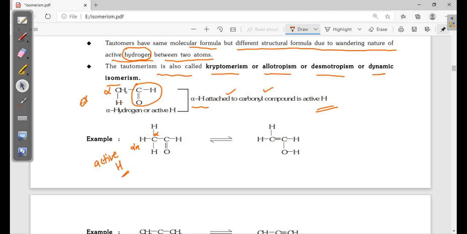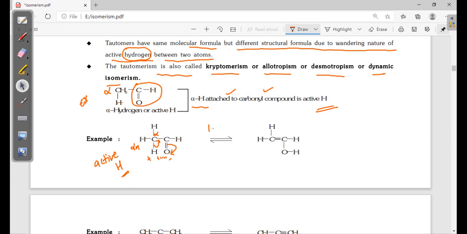See here, this pi bond is shifting here. Oxygen gets a negative charge, hydrogen is positive, oxygen is negative. So this hydrogen simply jumps onto oxygen and gets connected with oxygen. It's migrating by a 1,3 shift.